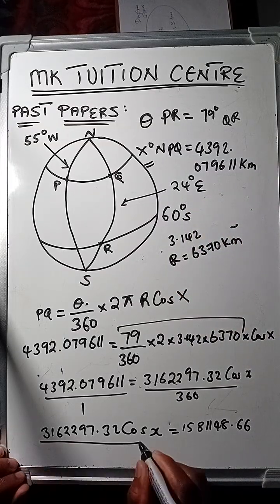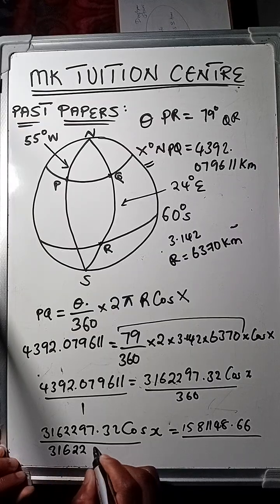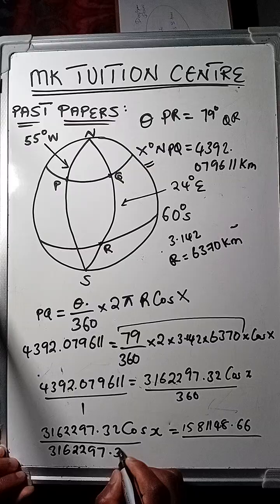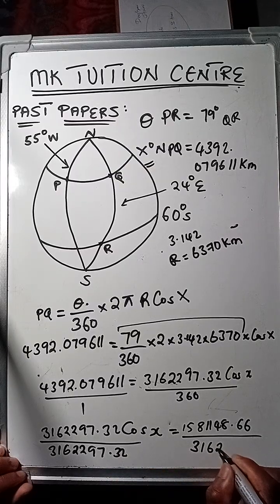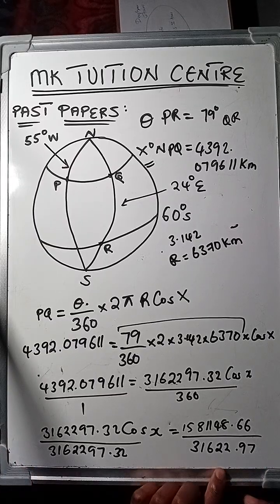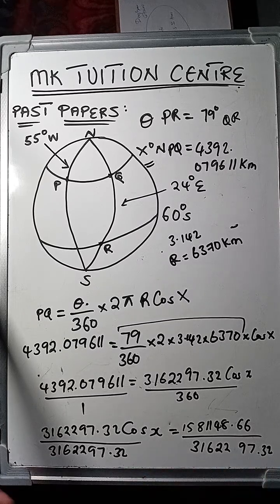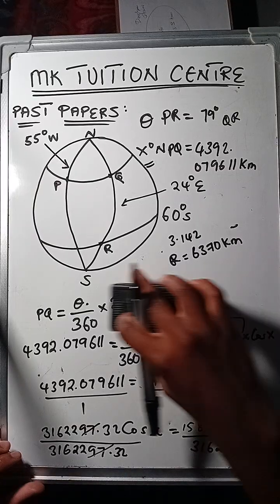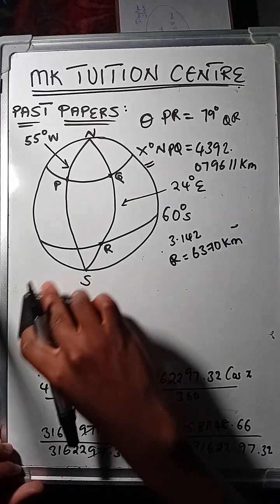So I'm going to divide throughout by 3162297.32, and this side as well by 3162297.32.